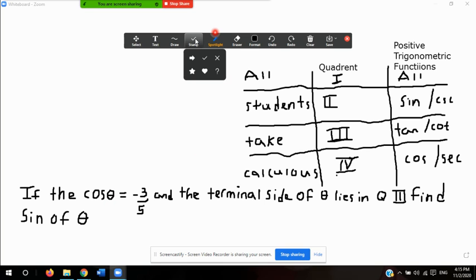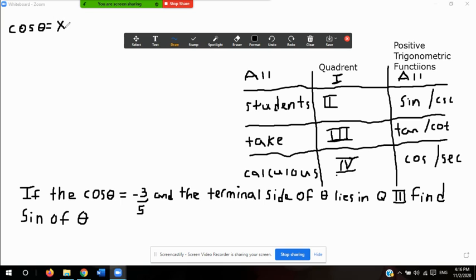So we know that the cosine of z in a Cartesian plane is the same thing as saying x over r. Because it's telling me that it's in quadrant 3, we know that it's x over r.